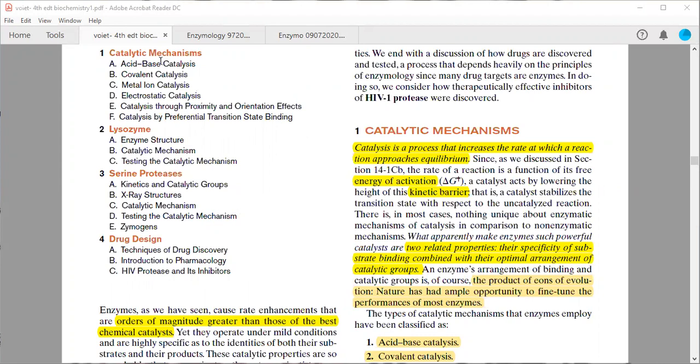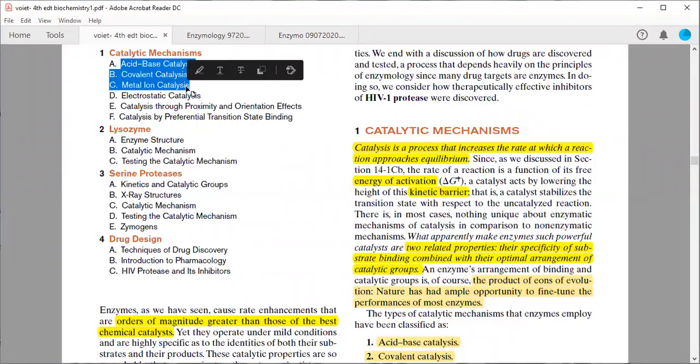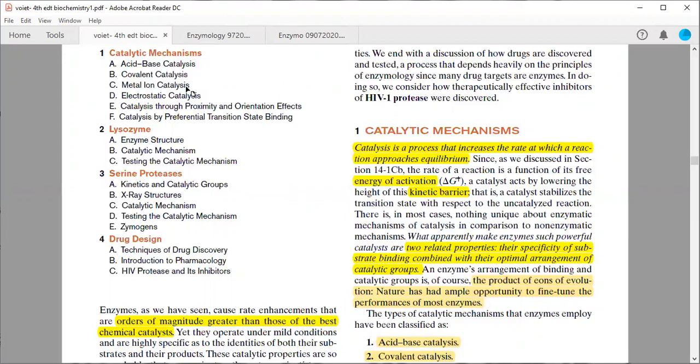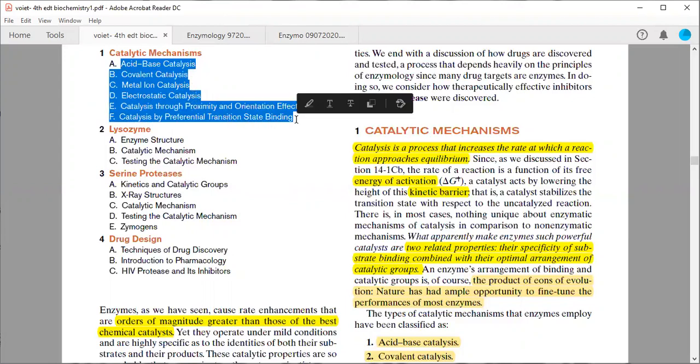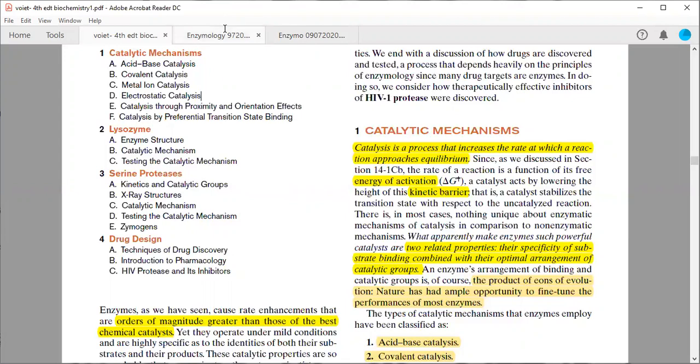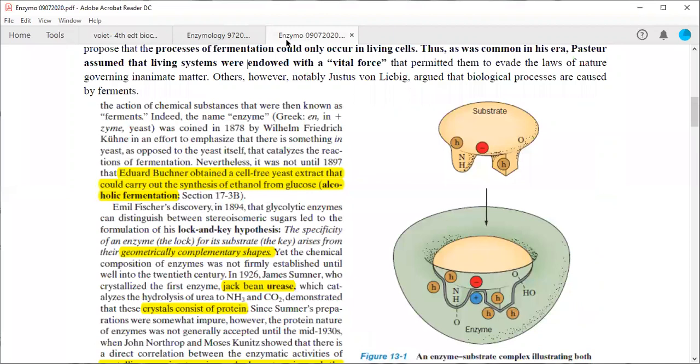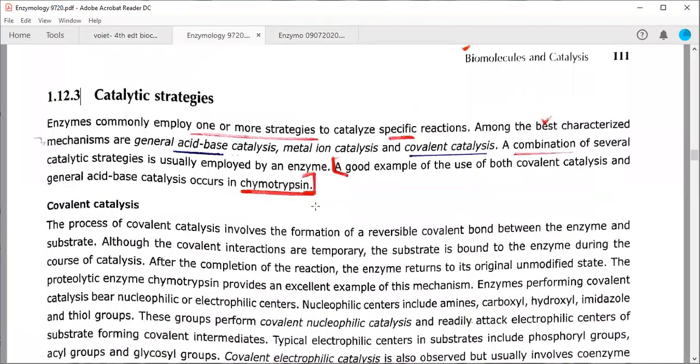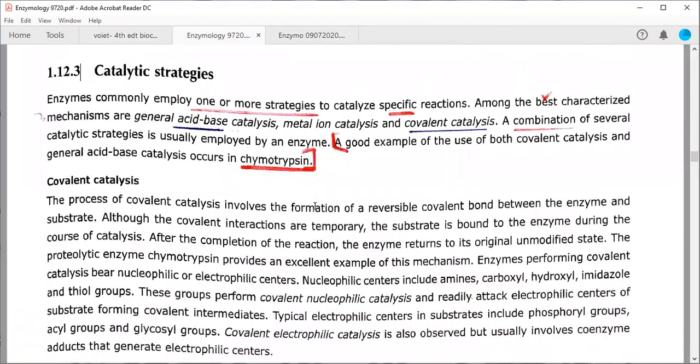Only 3 catalytic mechanisms are shown in your Pathfinder, but when you read this book, we will discuss all 6 ways of these catalytic mechanisms. These 3 are also included in your Pathfinder, if you have Pathfinder Part 1. So the catalytic strategies are given here.